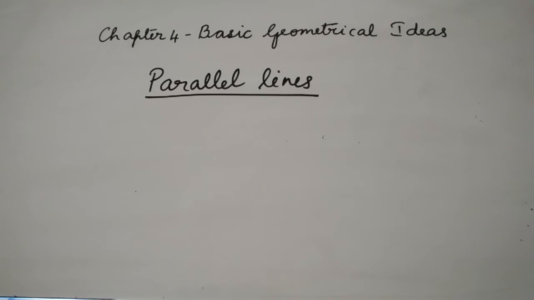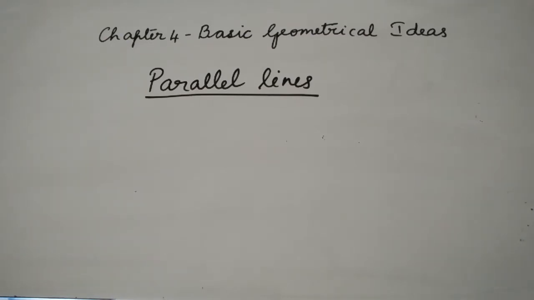These are the terms of geometry, because these are the basic terms we need to learn in geometry. So we started with the first points, then the line segment, then line, intersecting lines, and now we are with parallel lines.